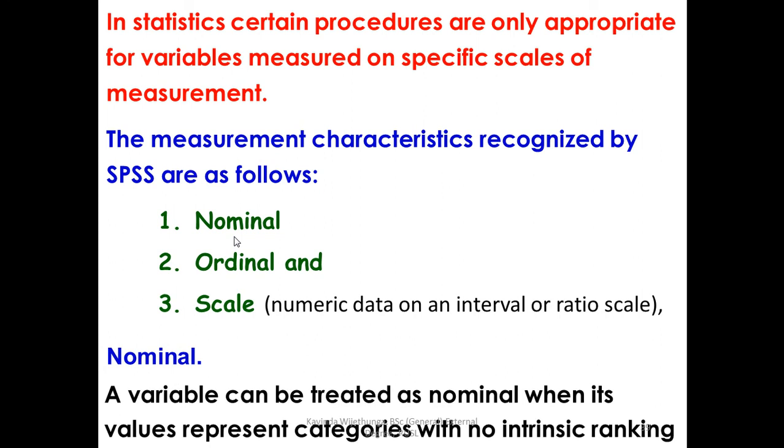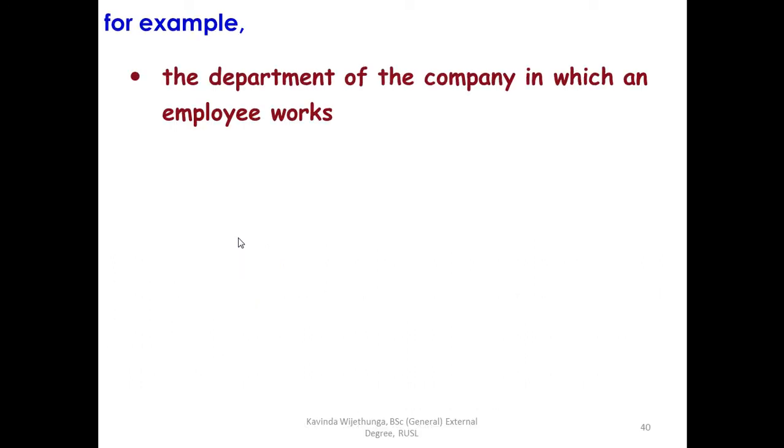You know what a nominal scale is. A variable can be treated as nominal when its values represent categories with no intrinsic ranking. There is no ranking, just category names. So we can use the nominal variable. For example, the department of the company in which an employee works, like the education department, right?